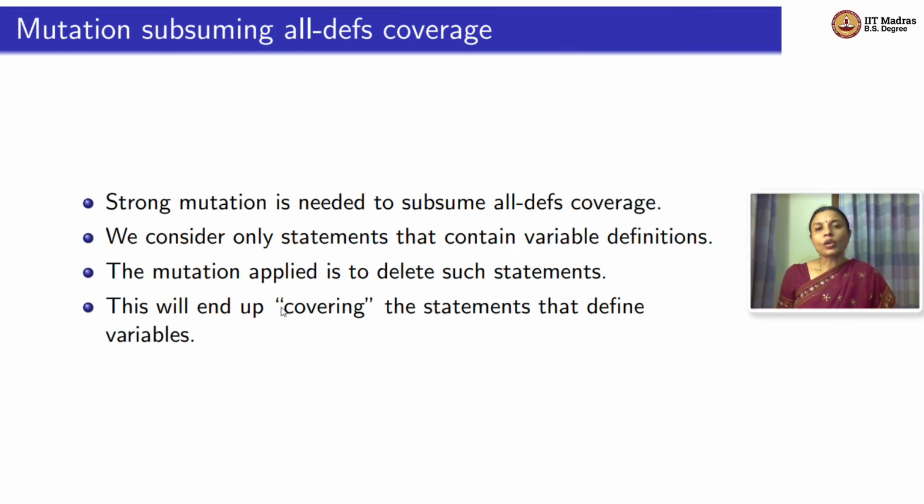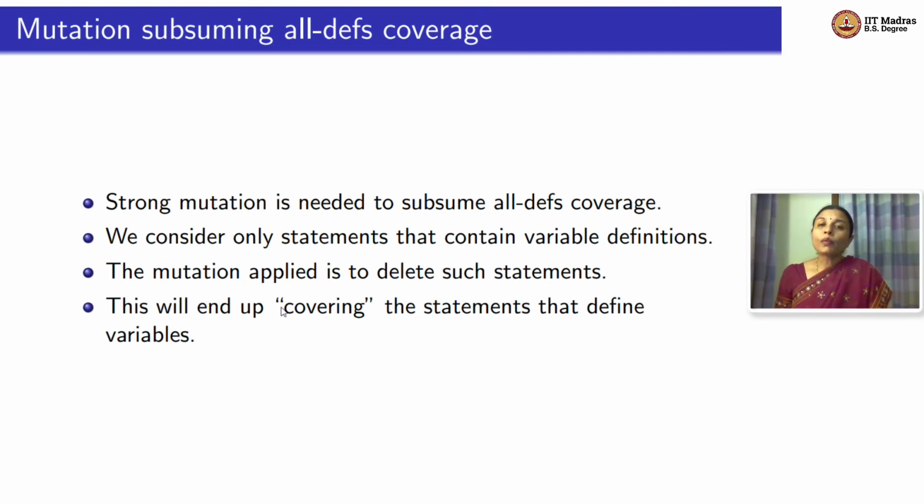Why so? Because all definitions says write test cases that execute or cover every variable definition at least once. So we restrict our focus to statements that contain variable definitions, and simply delete those statements.